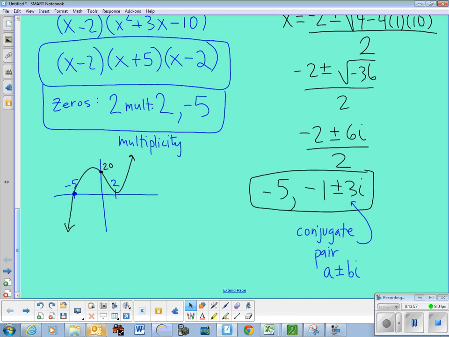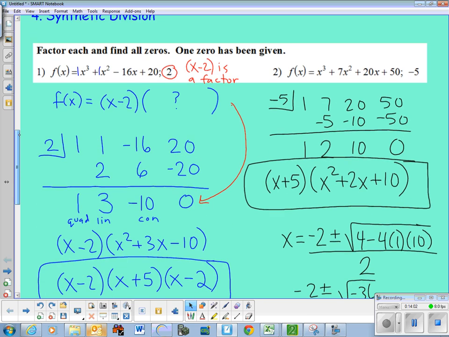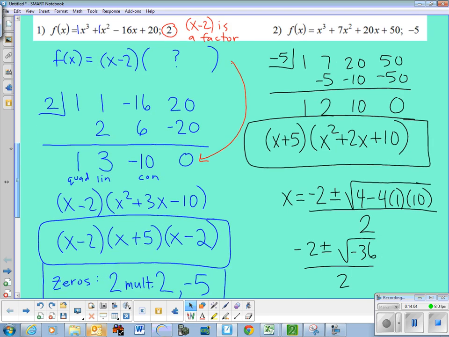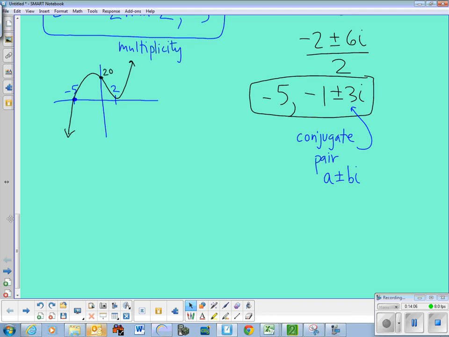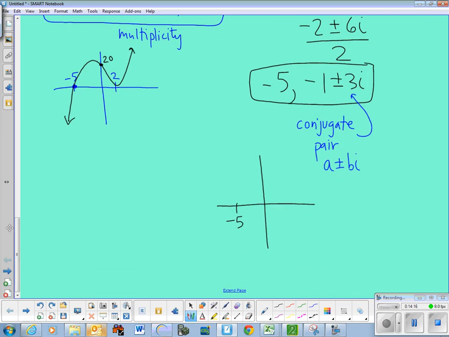So lastly, what does this graph look like? It's a positive cubic. It goes through -5, and it has two other imaginary roots. So just to sketch, -5 is here. The y-intercept is 50, so this will be off of scale again, but it's going to come up.